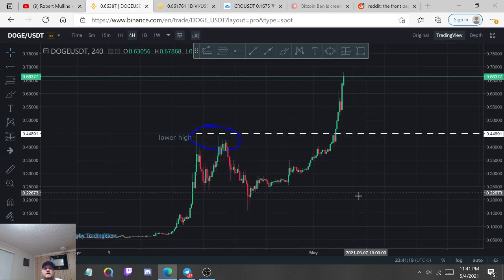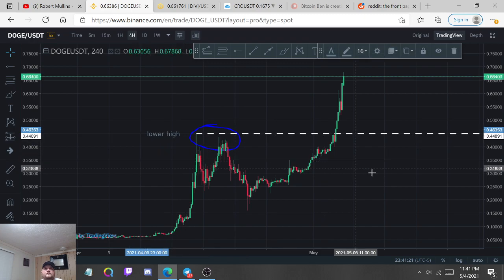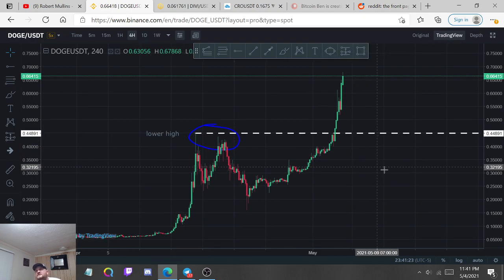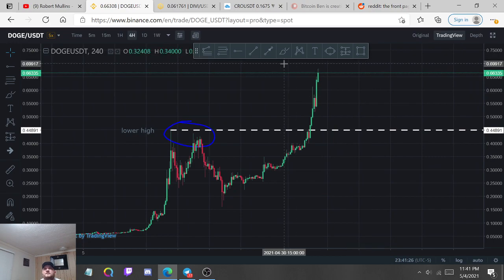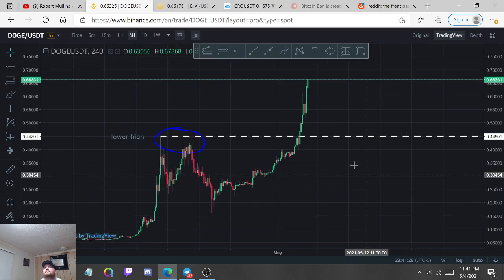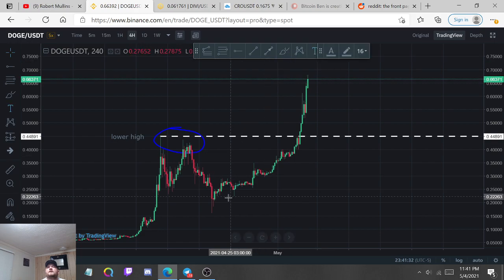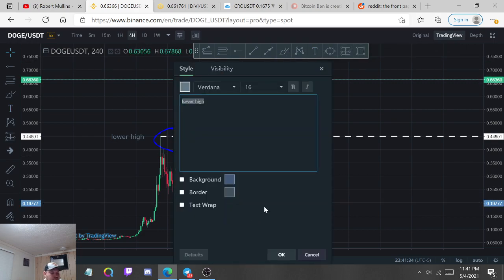There's our dotted line. And remember, these are just guesses. I don't know what's gonna happen. This would be the higher low.